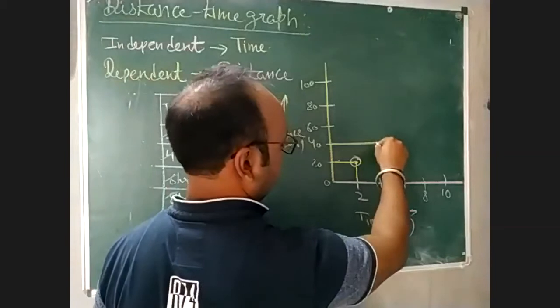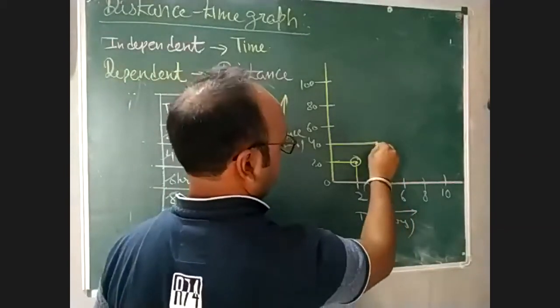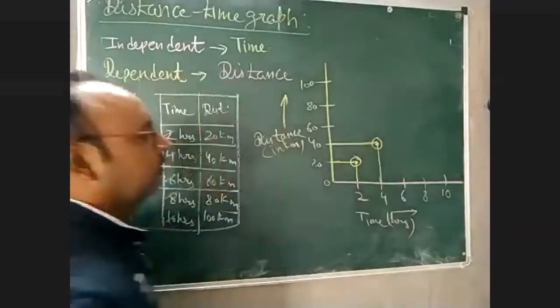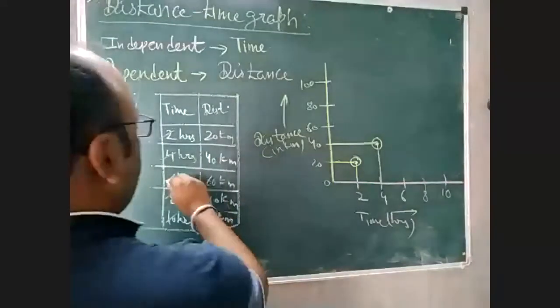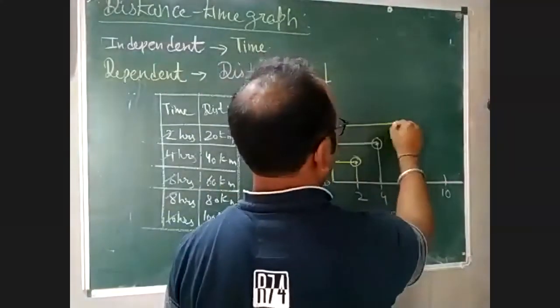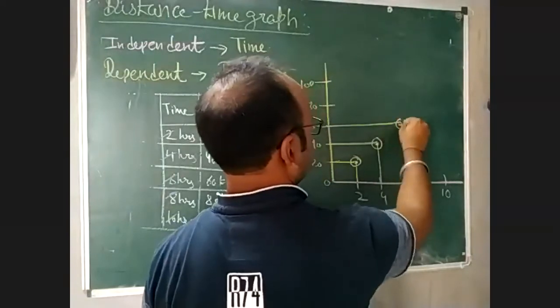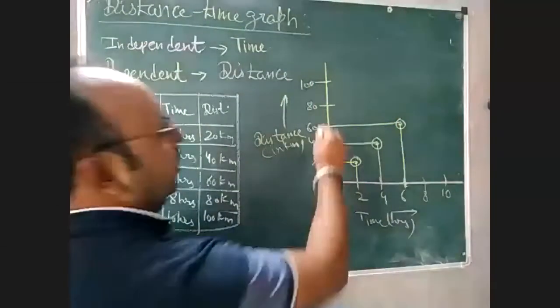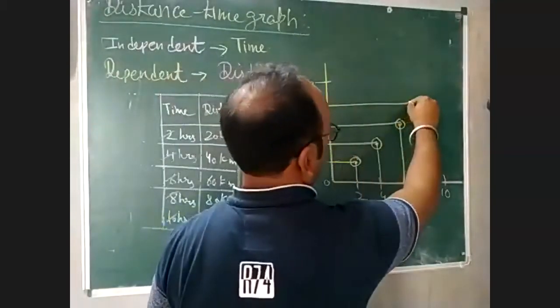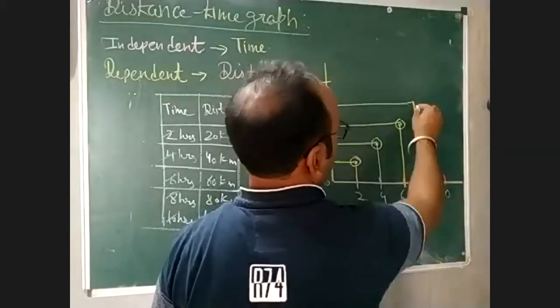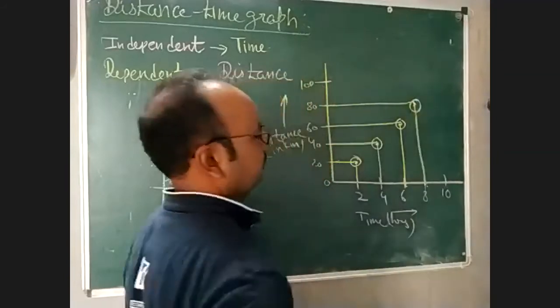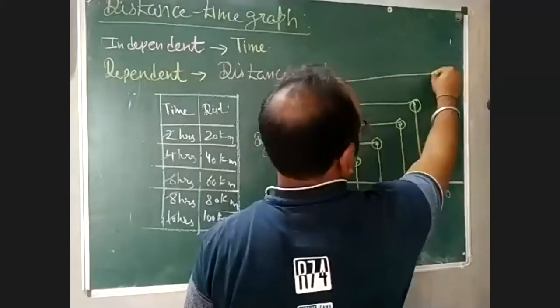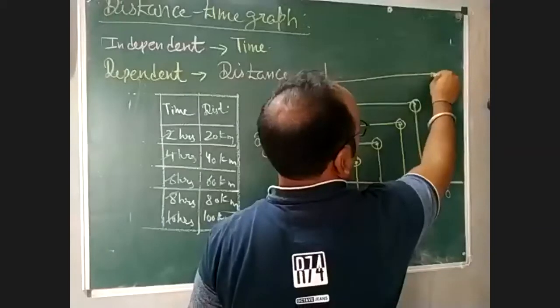I will go to 4 and 40, then I will draw a dot, right? Same way, 6, 60. Then after 8 hours, it's 80. Right? Then 10 and 100.